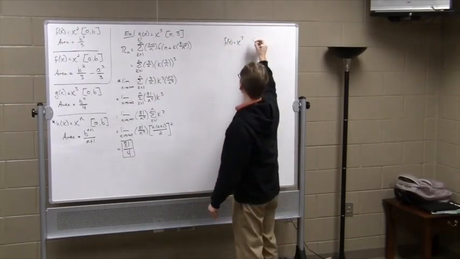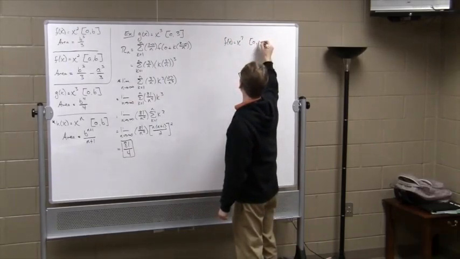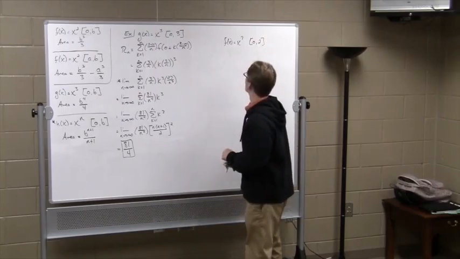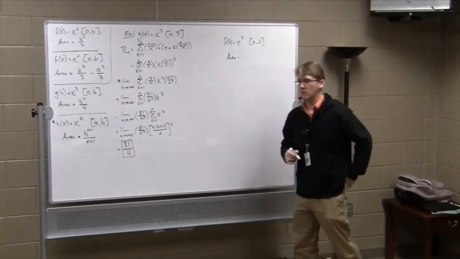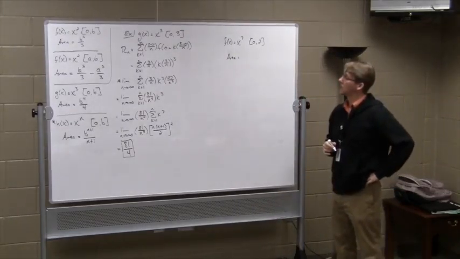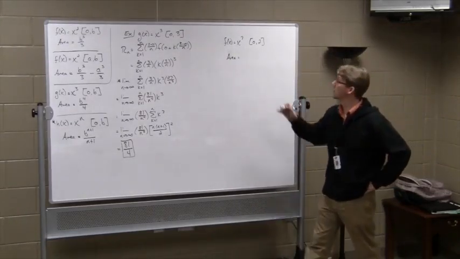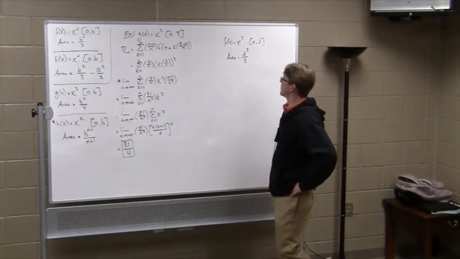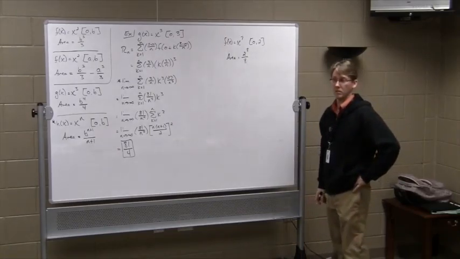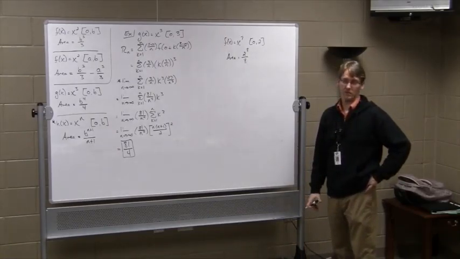Let's go crazy. You're telling me that the area is going to be 2 to the 8, over 8, whatever that number is. That is correct. Yay.